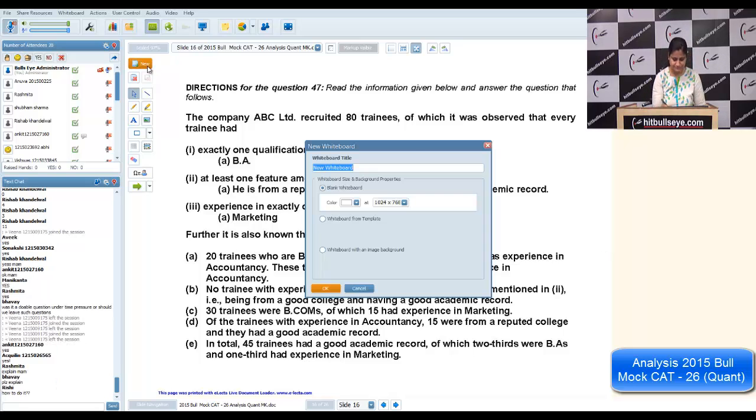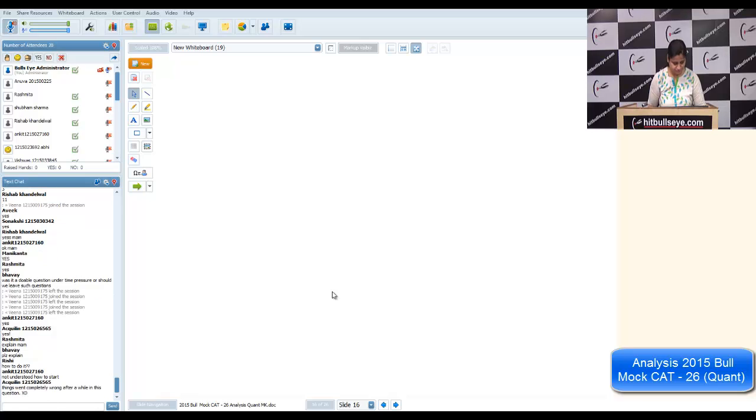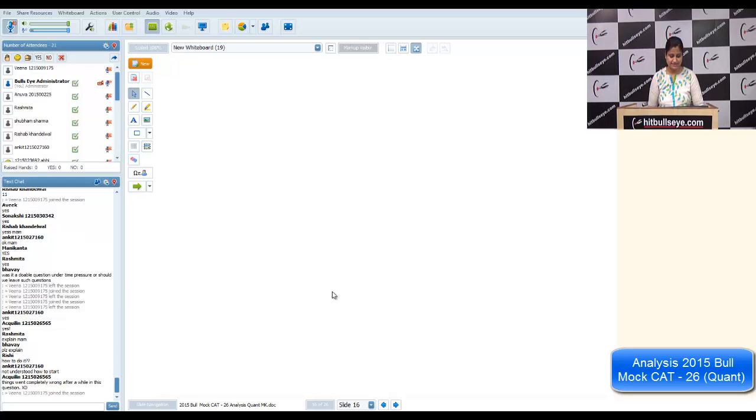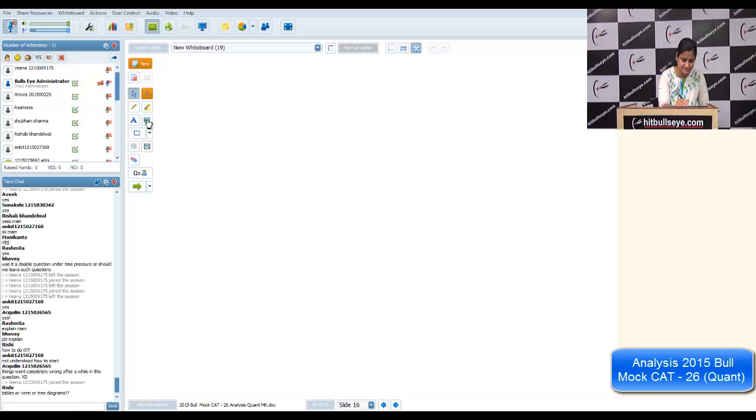So let us see. Actually, if you make a table, because there are 6 categories, it will be very tough. I'll make a Venn diagram in that case.